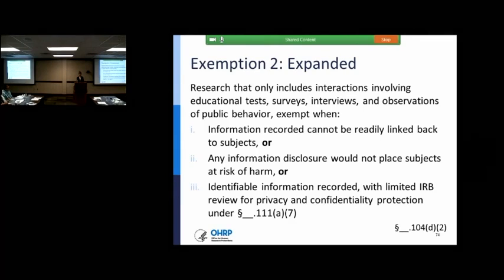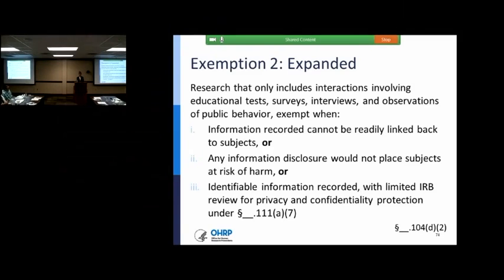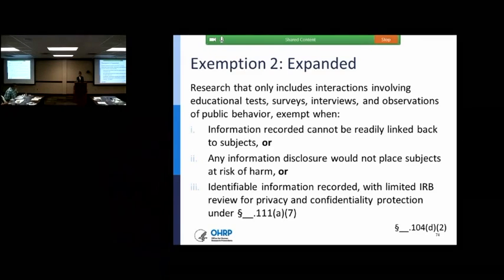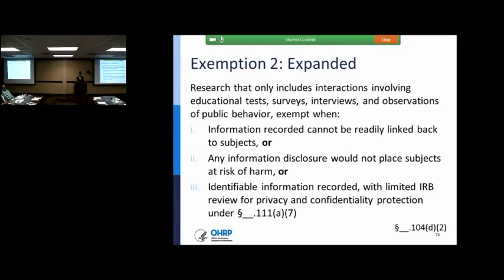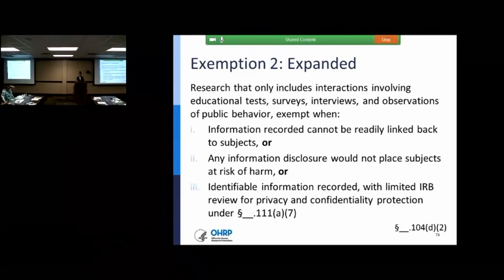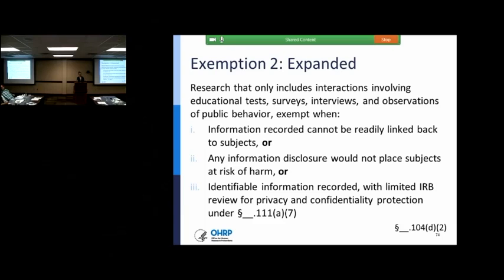And the person just decided, I don't want to use that locked safe, I'll just use a file. Now, that would have been a change that the person would have needed to get approval for before they actually did it. But it would be a change to the research. It wouldn't be a continuing review. Does that make sense?